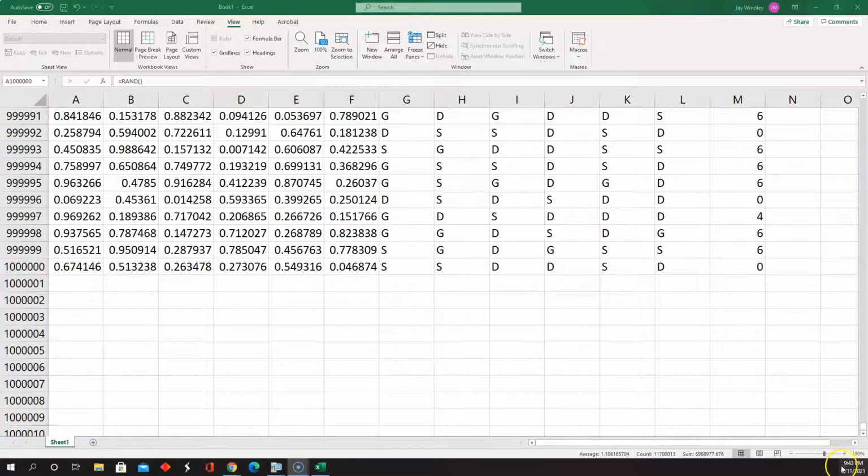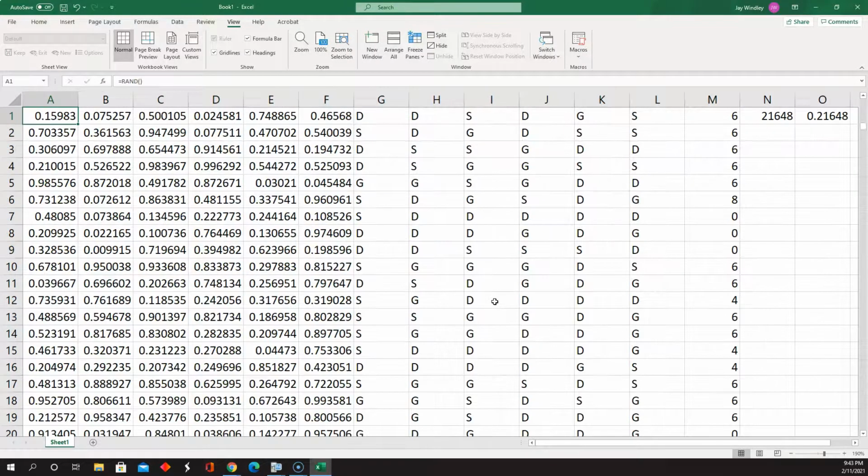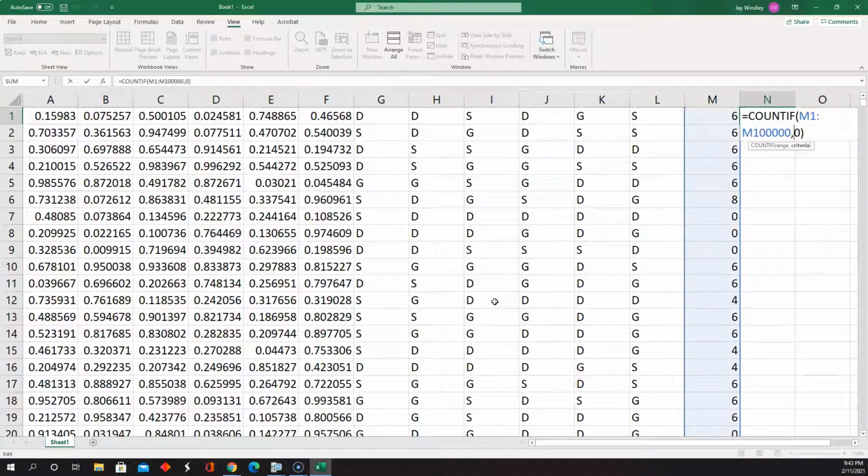You can see how my time changed down here on the clock, but the randomization is done now 1,000,000 times. And you see, oh, I need to change this to go up to row 1,000,000. Oh Lord, now it's got to do all the randomizations over again because I changed something.